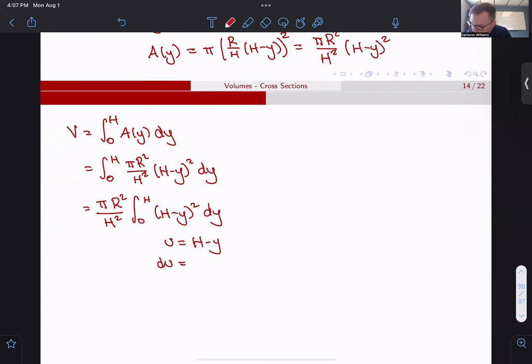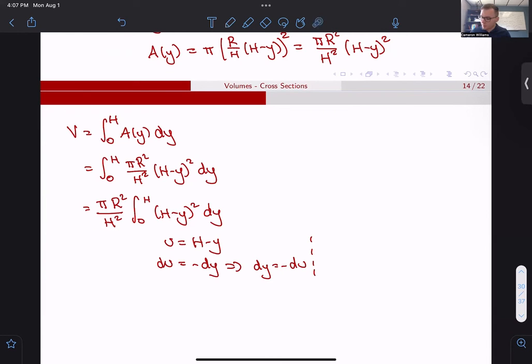And then du, we take the derivative of the right side. Big H is a constant. It's the height of the cone. It's not changing. Our cone is fixed. So that's gone. And then we just have the derivative of y. That's going to give us a negative dy. In other words, dy is negative du. Okay? So we'll be able to replace our dy immediately.